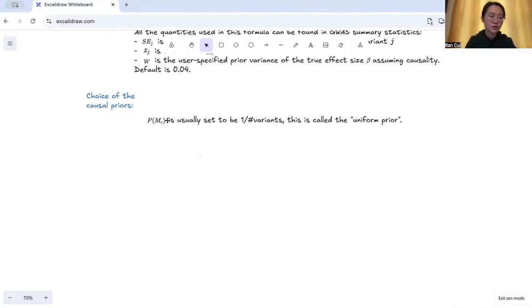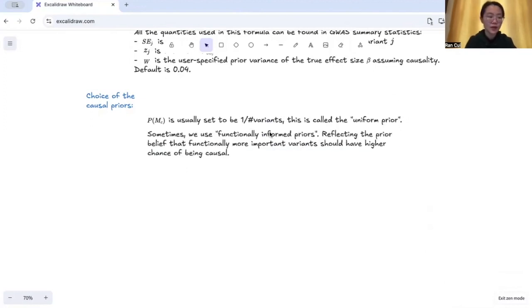Most people use what's called the uniform prior, which treats every variant as equal before seeing the GWAS data. But sometimes you might want to set a higher prior for variants with a more active functional role, like coding variants, and a lower one for those that are not obviously functional.